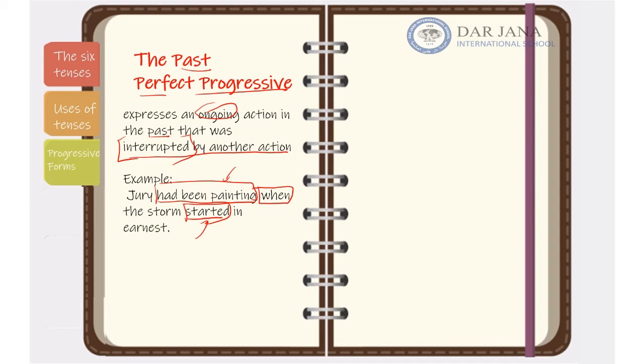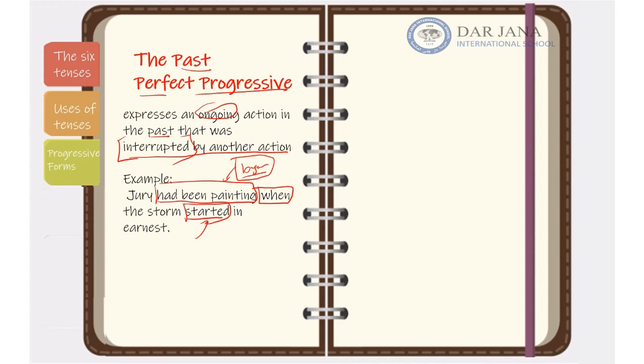First, the first one is longer. The action is longer than the second one. The starting of the storm is not as long as doing the action of the painting. Second, most probably the first one has started before the second one of the interruption.